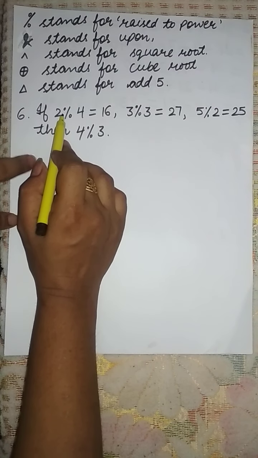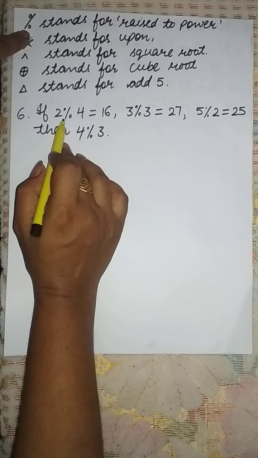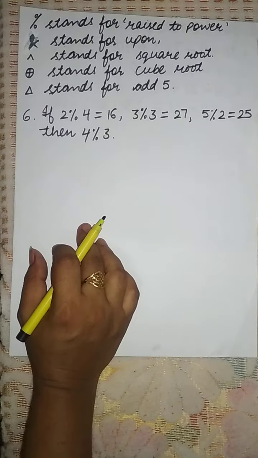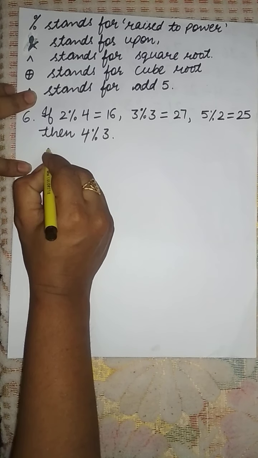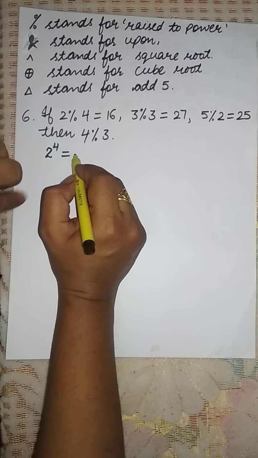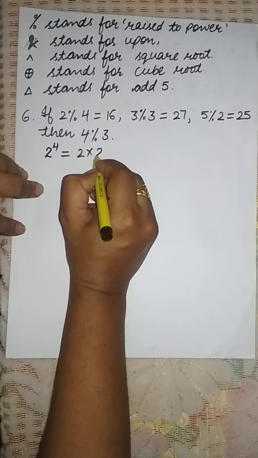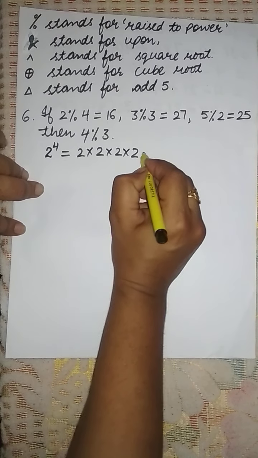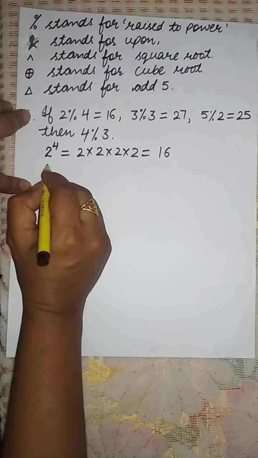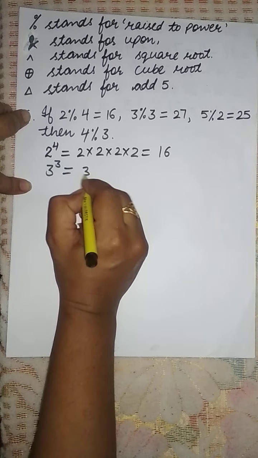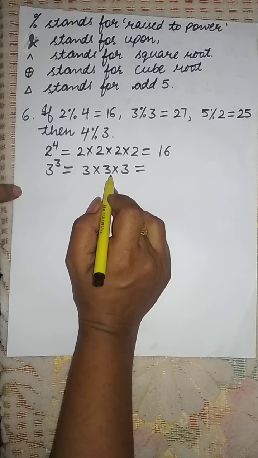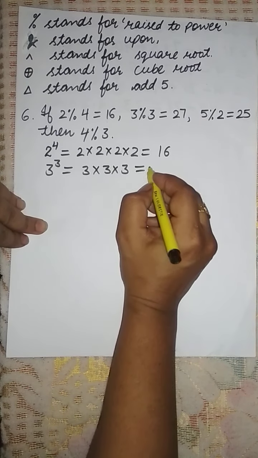Now students, see carefully. We know that the percentage sign stands for raised to power, that is to say 2 raised to power 4. 2 raised to power 4 means 2 is multiplied 4 times. 2 multiplied by 2 multiplied by 2 multiplied by 2 is equal to 16. 3%3 means 3 raised to power 3. That is 3 multiplied by 3 multiplied by 3, 3 multiplied by itself 3 times. 3 times 3 is 9, 9 times 3 is 27.